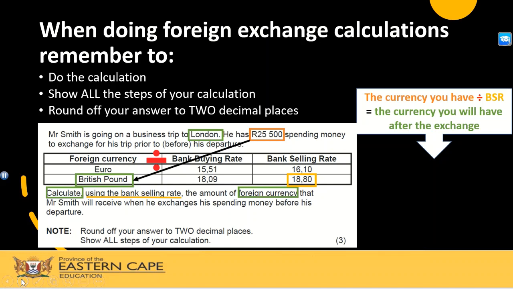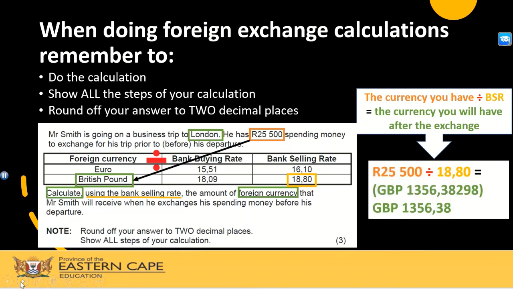There you have the instruction on your screen. The currency you have divided by the bank selling rate will give you the amount of currency that you will have after the exchange. And there you have the correct answer on the screen at the moment.